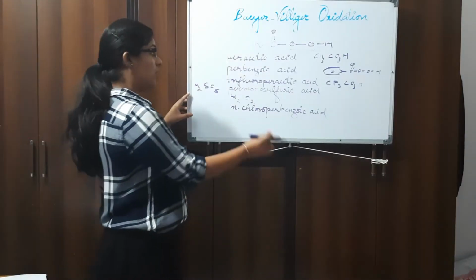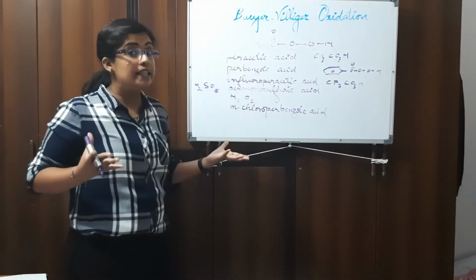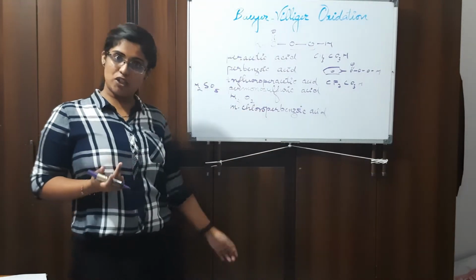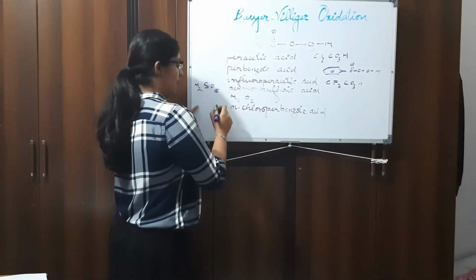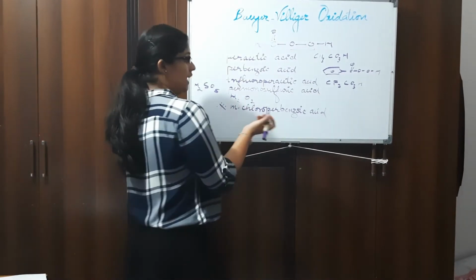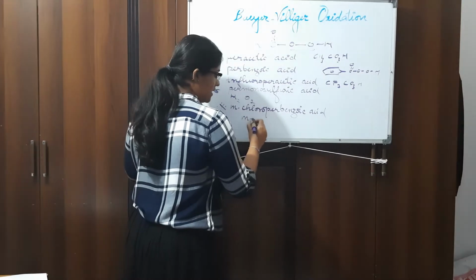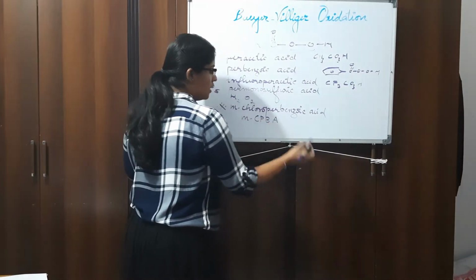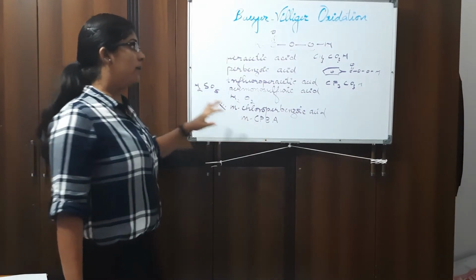And the most important one, the most used commercially, is metachloroperbenzoic acid. It's easily available, and this is the one that is the most commonly used, and it can be seen in papers as MCPBA. Metachloroperbenzoic acid.